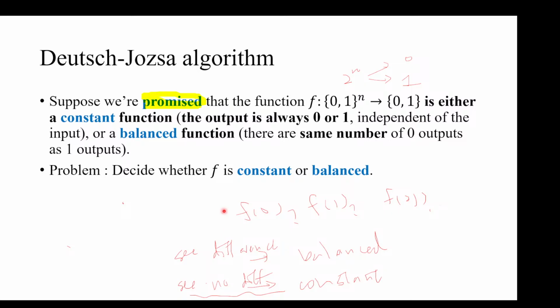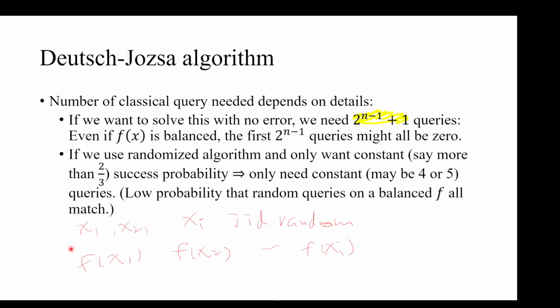And obviously, when you have a constant input, you query these random locations, you will always get a constant output. Okay, and so a randomized algorithm can solve this really quickly. But for the sake of saying that we have a big classical separation, we consider this model where we want to solve with no error. Okay.